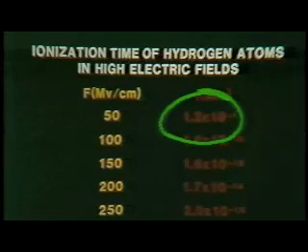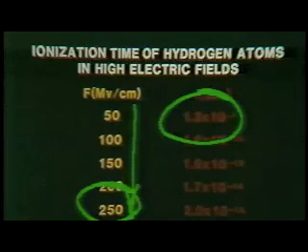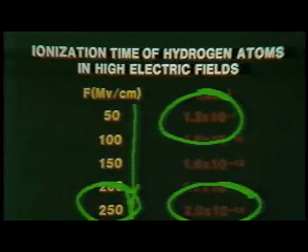Okay? But if you increase that field strength up to about 250 million volts per centimeter, right, 2.5 volts per angstrom, the lifetime of that hydrogen molecule would be very, very short indeed.